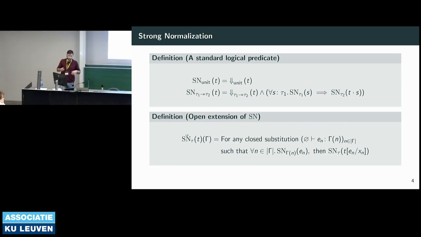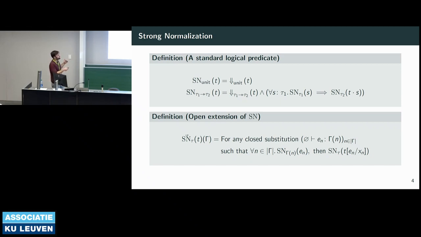These look pretty systematic, right? People who have worked with those logical predicates can sense that you can abstract, that there are boilerplate things. They can sense it, they cannot see it, but the abstraction and the system is there, and let's get to it. So for strong normalization, correct me if I'm wrong, but that's how you would define things. You would say that on the unit type, a term t of type unit is in the logical predicate if it terminates.